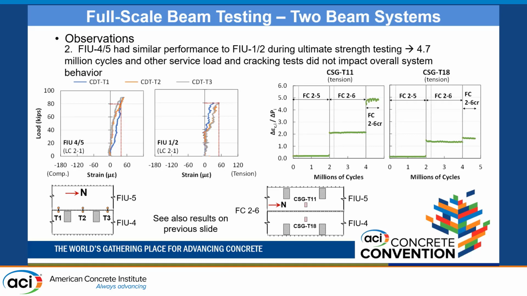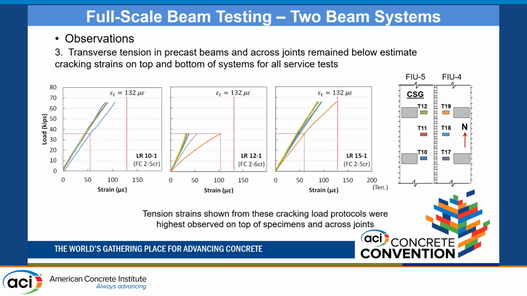Also, testing phase number 2 had several cycles, 4.7 million cycles. We didn't observe any decay in the strain performance. The transverse tensions in precast beams and across joints remain below estimated cracking strains on top and bottom of the system for all service tests, even after the 4.7 million cycles.